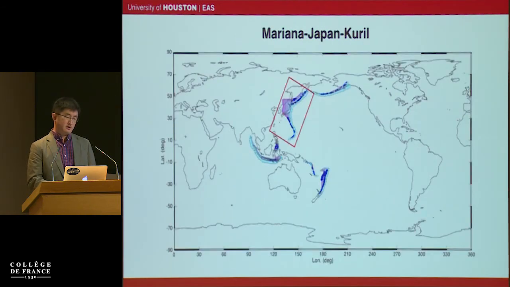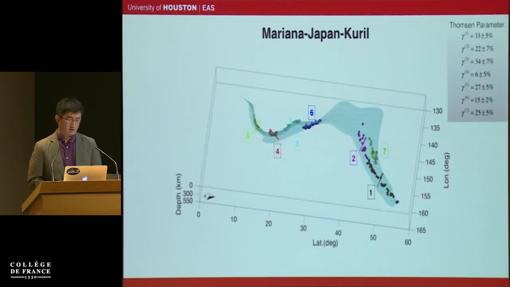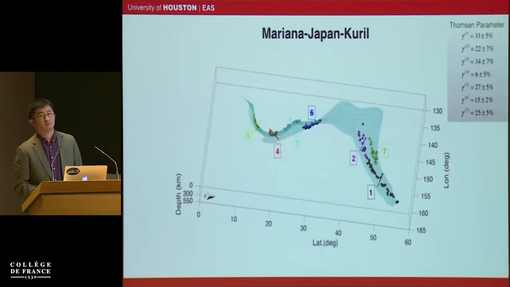Our most interesting case is this Mariana, Japan, Kurile slab, because there is a significant change in geometry. If you look at the southern part of Mariana, you can see the symmetry axis is perpendicular to the slab. And as they go north, it changes direction. Again, always perpendicular to the slab, except for groups 6 and 7.